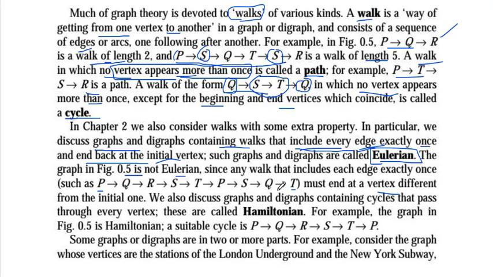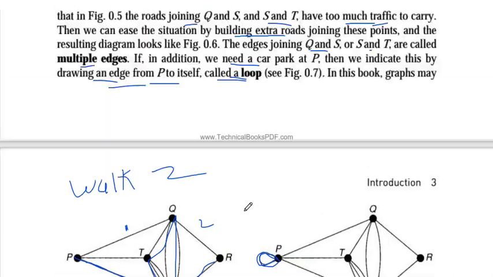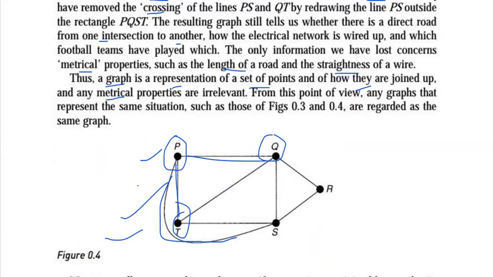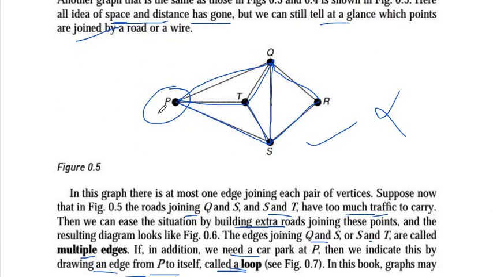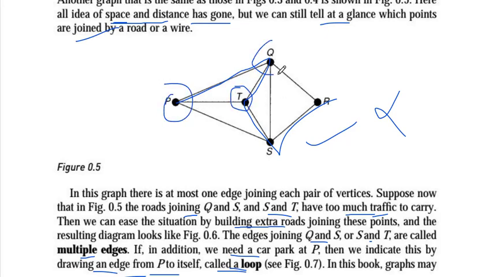Okay, and the next definition is a graph or digraph containing a cycle that passes through every vertex. These are called Hamiltonian. So here, again our graph: P, Q, T, S and R. They have passed through every one of the 5 vertices.